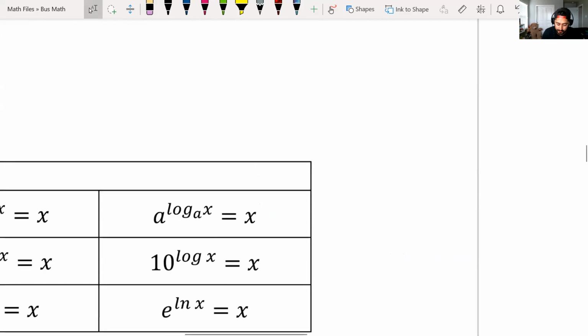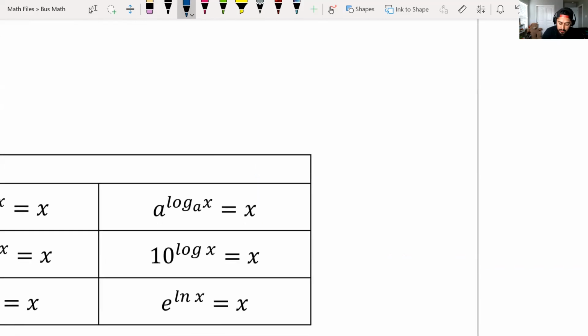Now here's another property. If you have a raised to the log base a of x, so this is an exponential function raised to a log function, and this base a is the same as this base a, then this cancels and still leaves you with x.